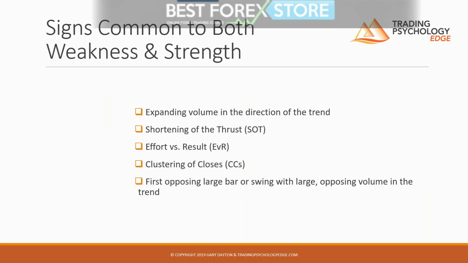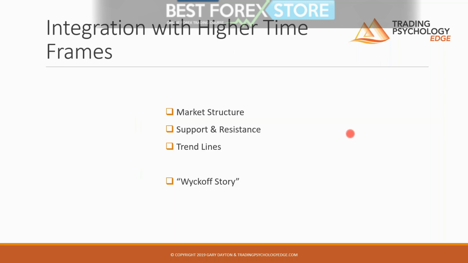In addition to these, we're going to look at signs that are common to both strength and weakness, including expanding volume in the direction of the trend, shortening of the thrust, effort versus result, clustering of closes, and the first opposing large bar or swing with large opposing volume, opposite to the trend, volume opposing the trend. And these are signs that are common to both. So we'll see them in both when we're looking at signs of strength and when we're looking at signs of weakness or indications of weakness.